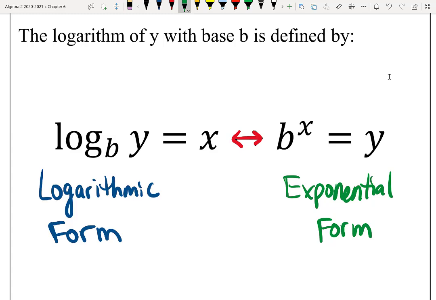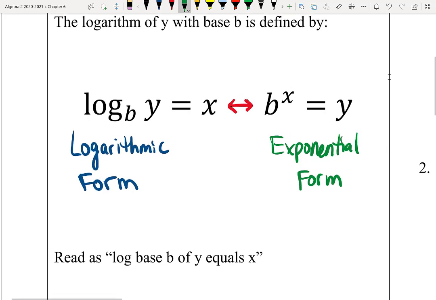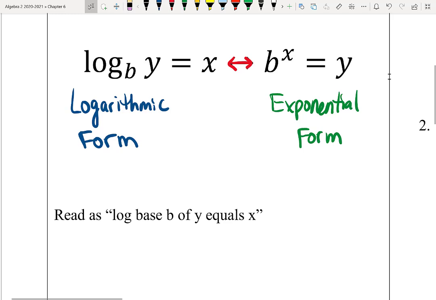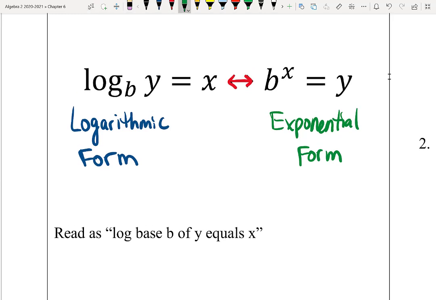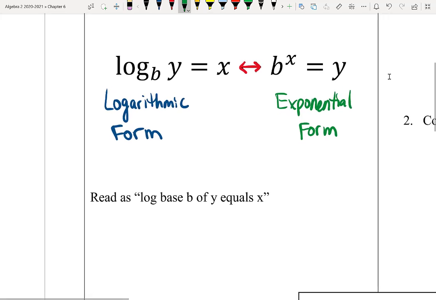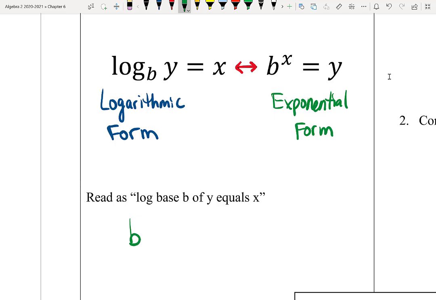Here is how it's read: log base b of y equals x. You're basically asking, b to what power would give me y? That's the question we're asking. I'm going to switch this back to blue.